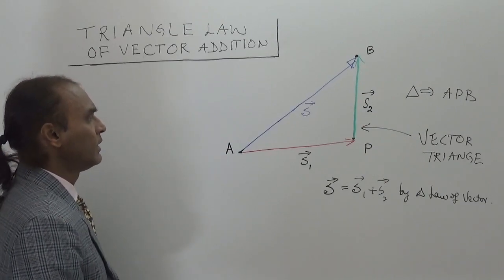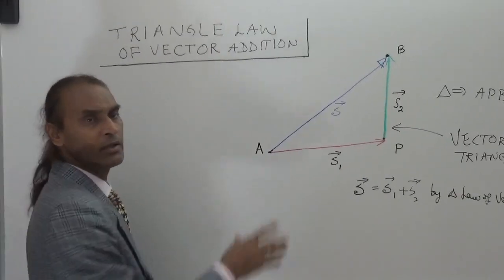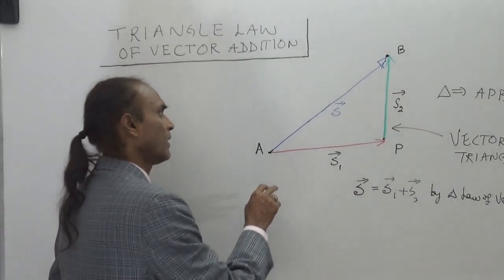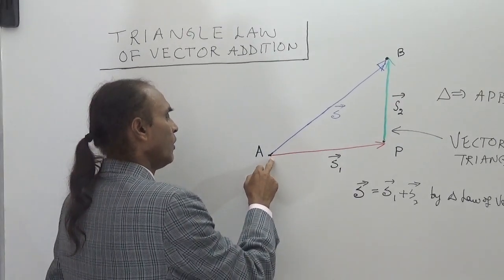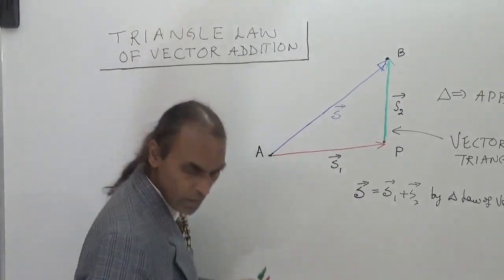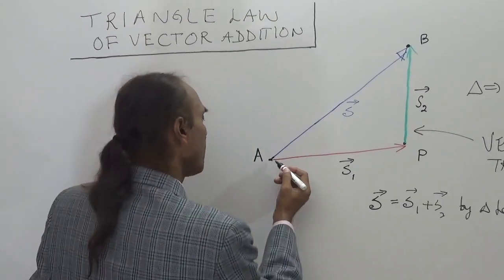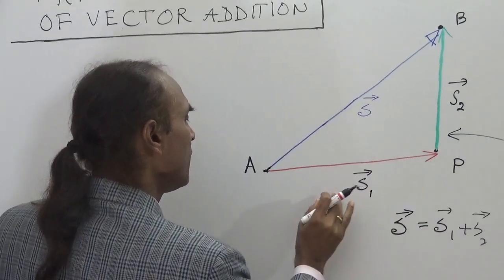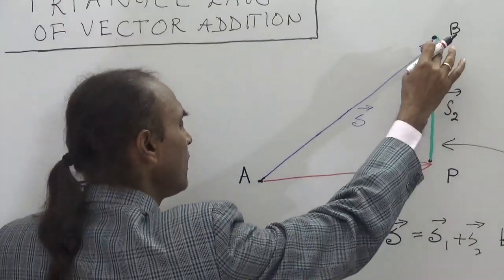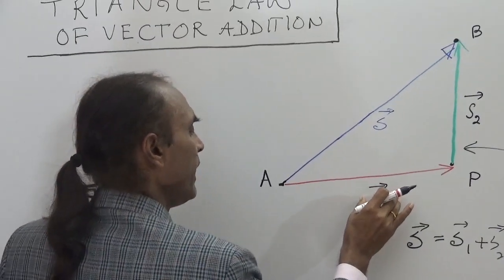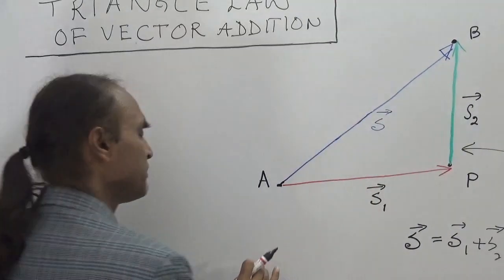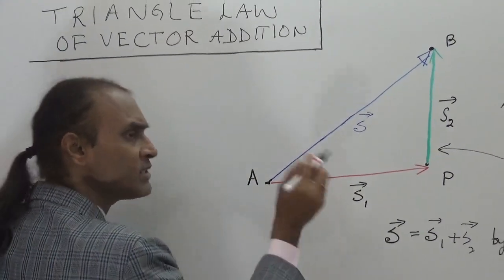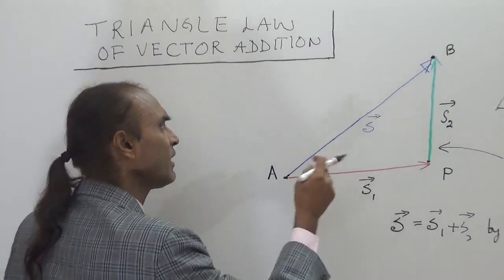Well, let us now reverse the order of displacement. You have displaced your tip from A to P, then P to B, by S1 and S2 respectively. Let us now do the same thing. What is that same thing?